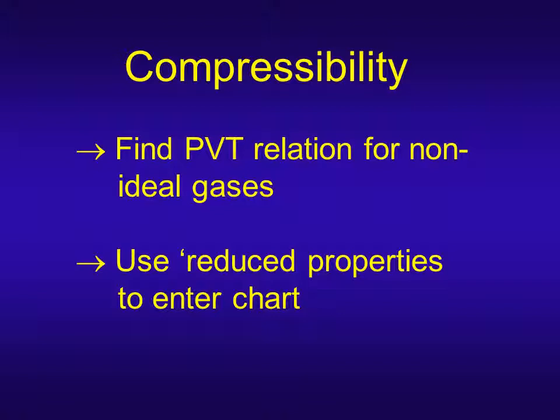And so if we calculate a reduced temperature and pressure, which divides out the critical temperature and the critical pressure, then we can get the Z factor, to calculate how far off of ideal gas behavior we actually are. And that pretty much concludes our summary and our review of properties.